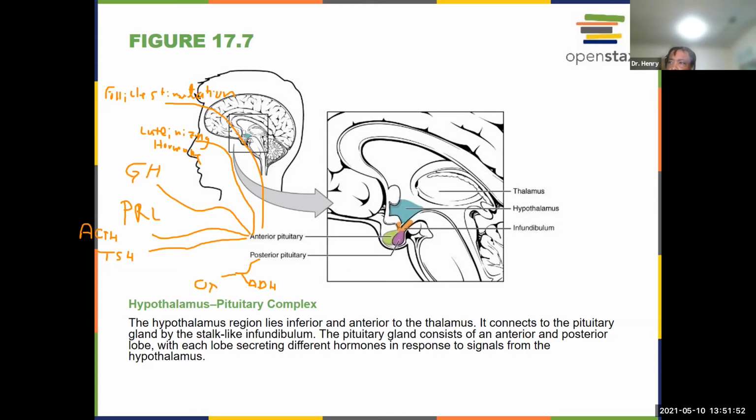And then between the two, the intermediate zone, is the melanocyte stimulating hormone. I'm sorry, not melatonin.